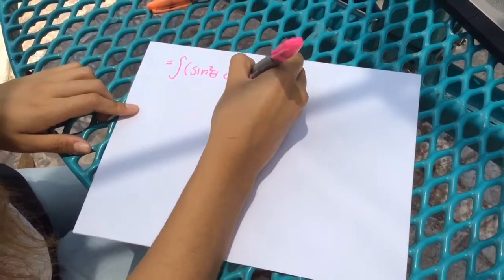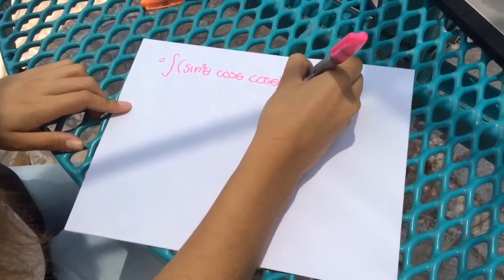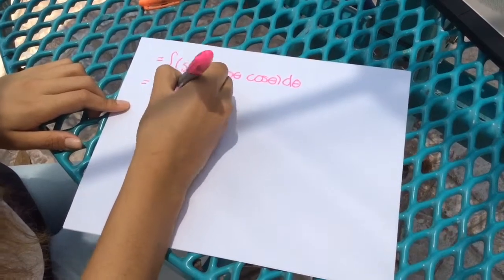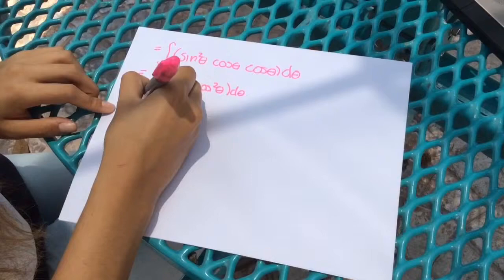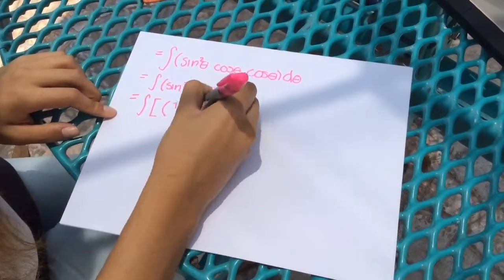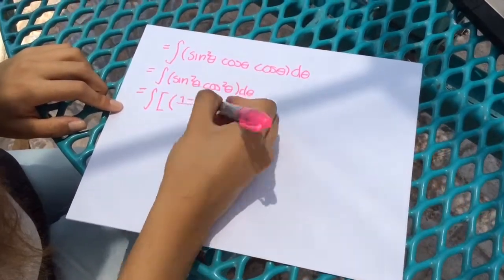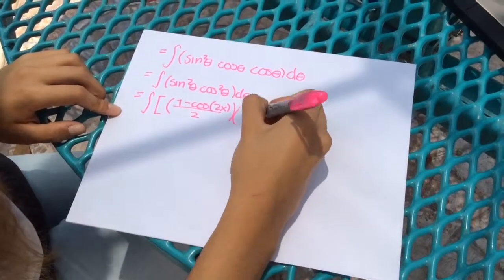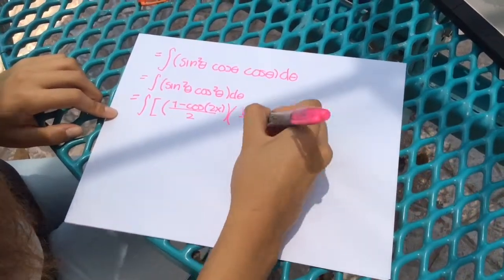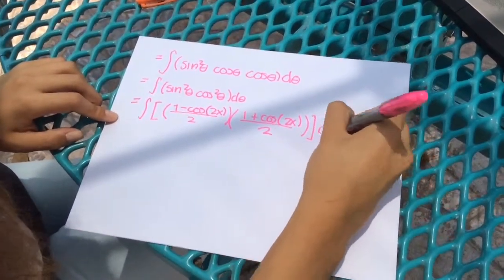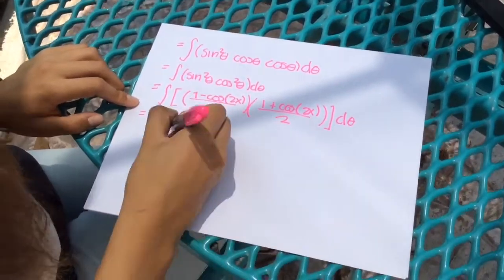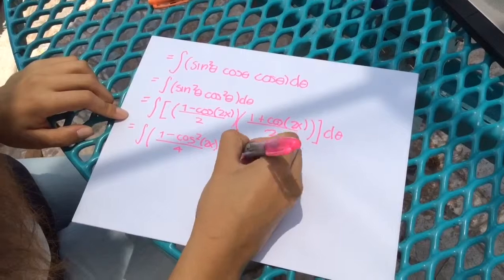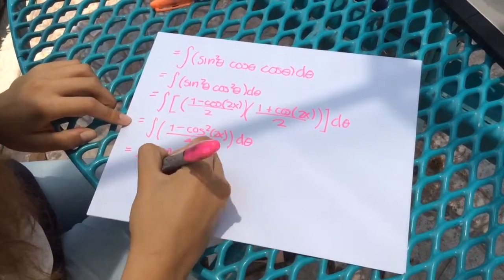Now that we have found the answer to our square root, it's just a matter of substituting in the integral that goes from 0 to 0.5. It's simply going to give you sine squared of theta times cosine squared of theta times d theta. We already know d theta, so we can substitute, and with that it's a matter of using the third rule of sine and cosine trigonometric substitution.